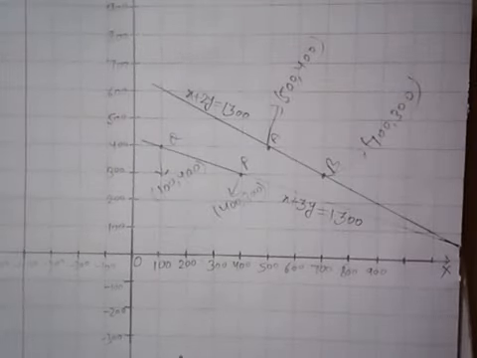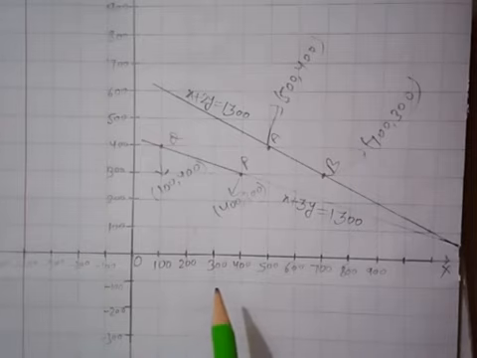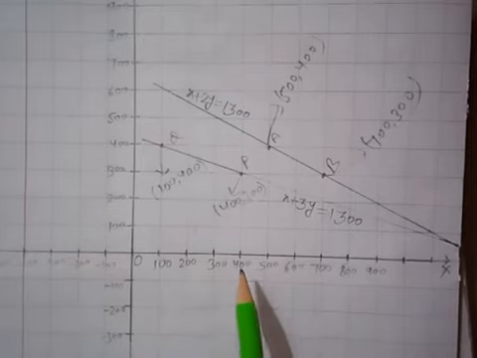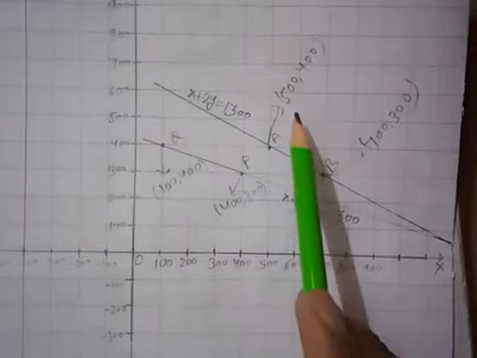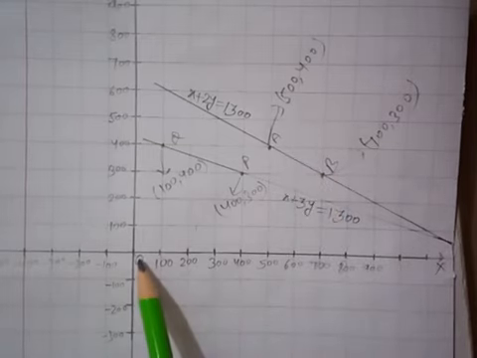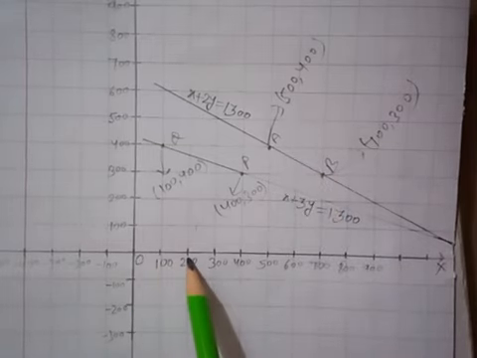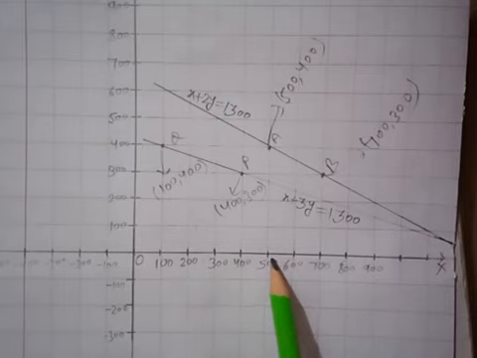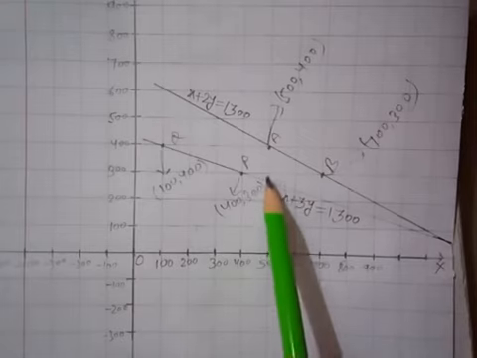Now see this figure. For equation 1 we are having the points A and B. A is 500 comma 400. Start from here, 1 2 3 4 up to 500, and on the y axis we go to 400.